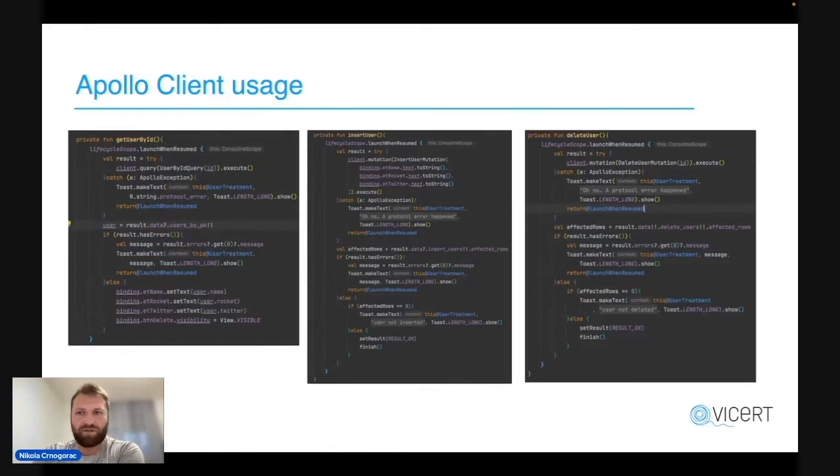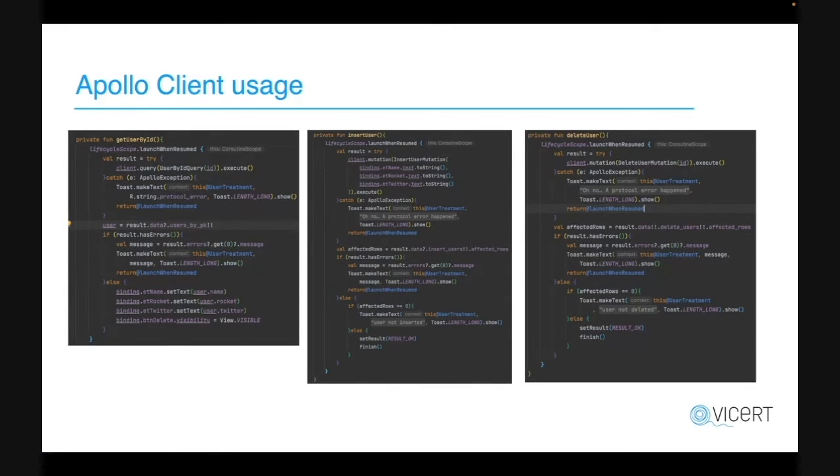Also, here are more usages for the same thing. Let's say on the list I previously showed you, we click on an item, and now we open the exact item that we clicked.